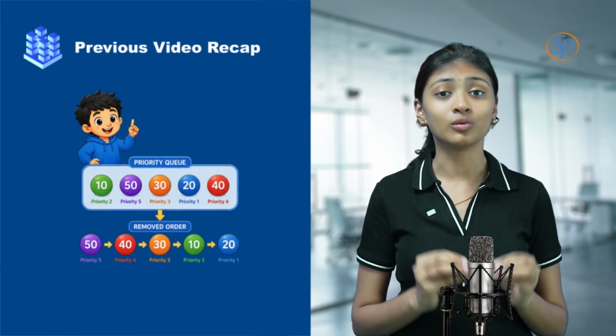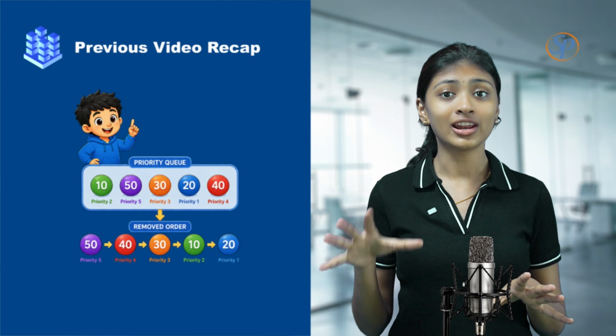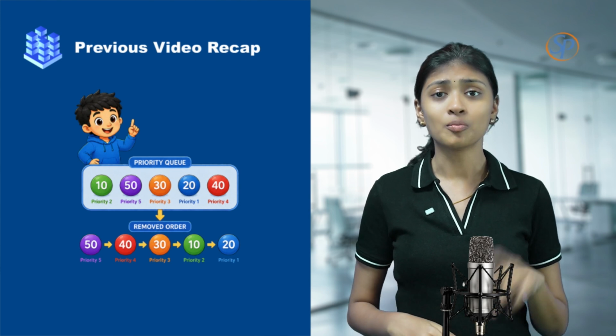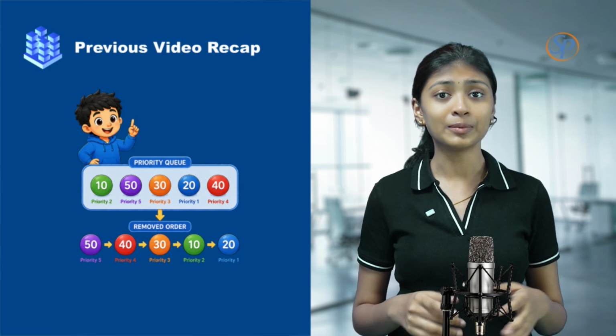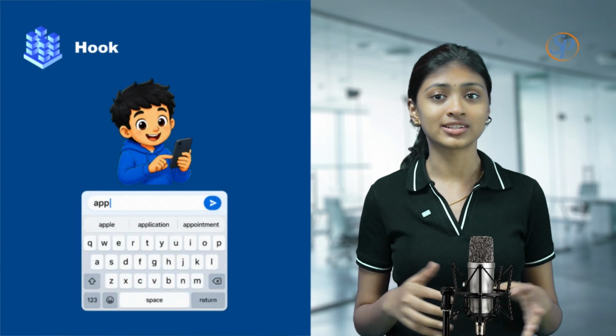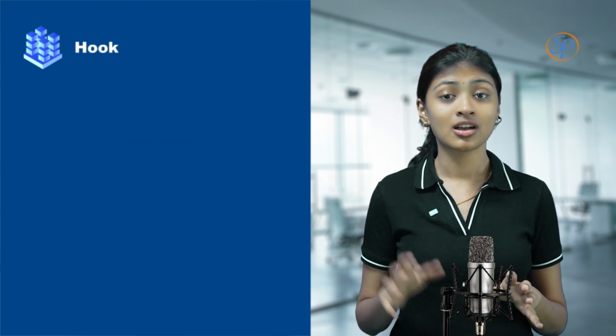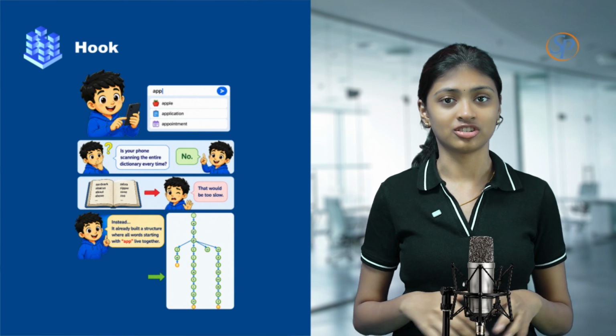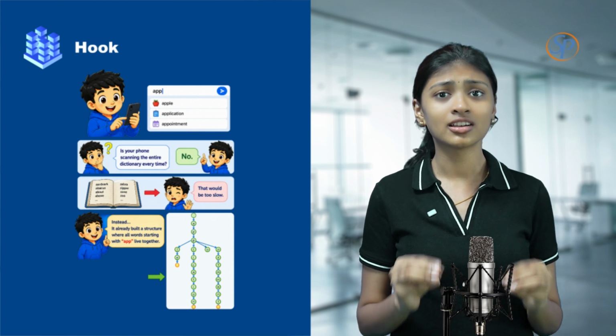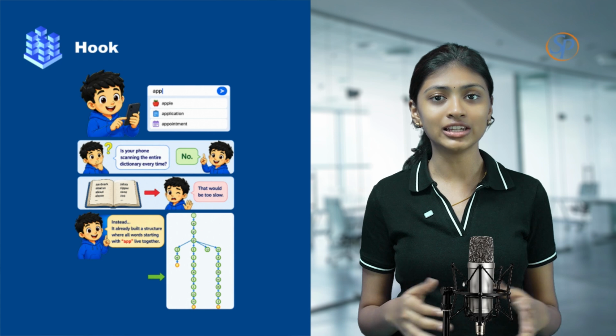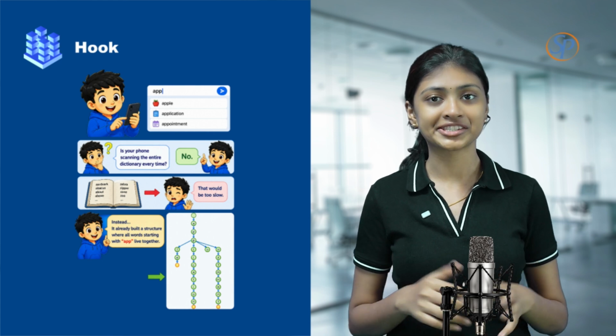They helped you always get the smallest or largest value quickly. But those structures don't help when you want to search words like app, apple, application. Because here the important thing is not value, it is the prefix.